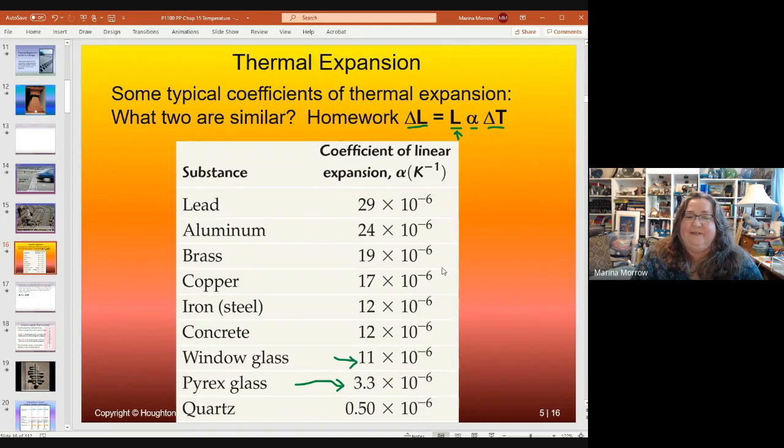Do you see two that have the same expansion coefficient? You might see that iron and concrete have the same expansion coefficient. And that's important because what do we put inside concrete? We put iron rebar to reinforce it. If the iron had a higher expansion coefficient, like maybe copper or aluminum, then it would poke right out of the concrete.